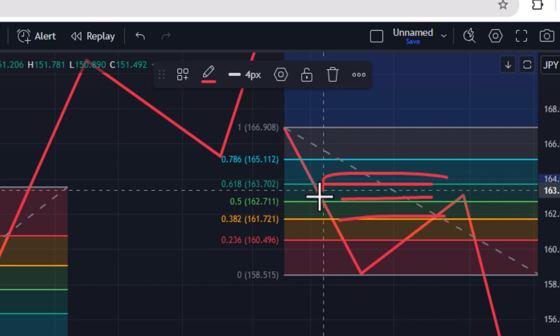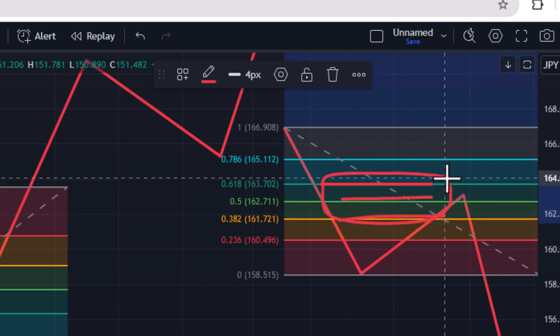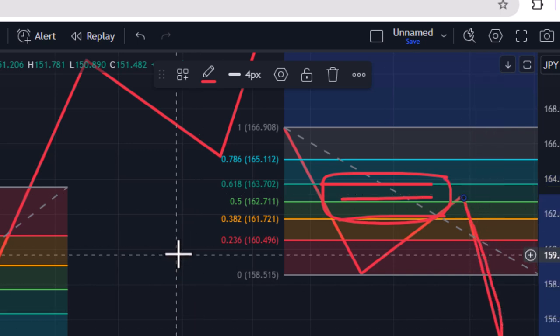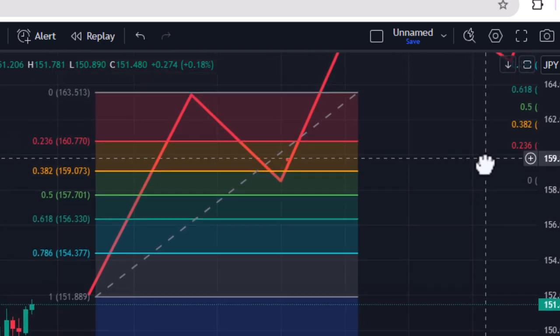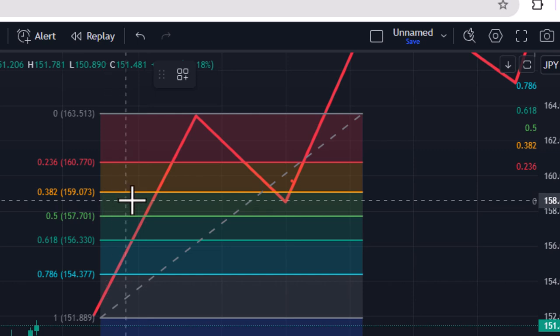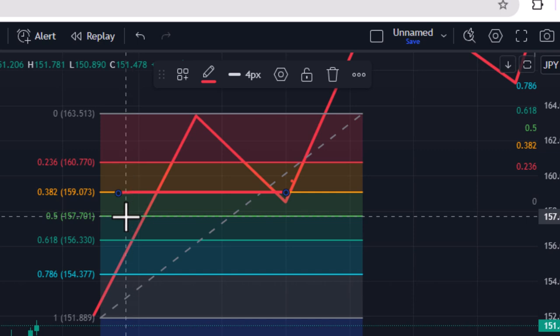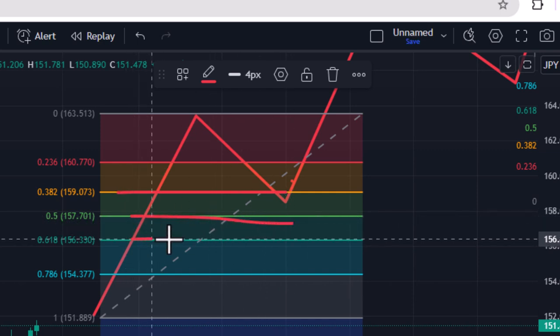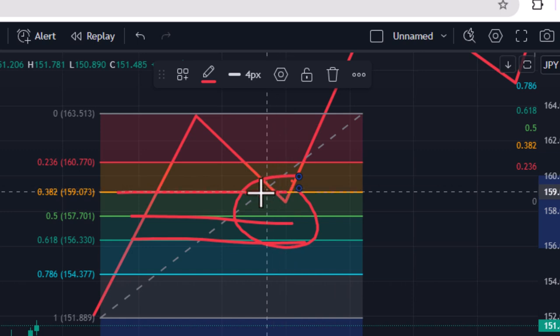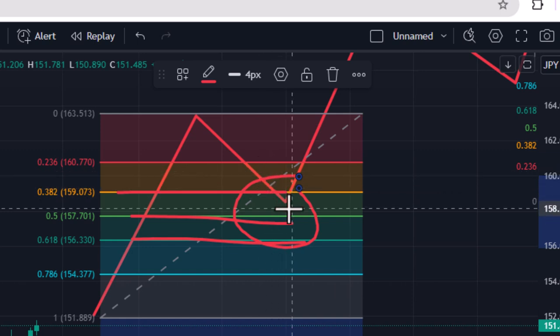These are the major levels for me where I consider retracement to end in the market before the next impulse to the downside in the case of a downtrend, and in the case of an uptrend, the same levels: 0.382 at this area, and 0.50 at this point, and 0.618 at this area. These are the most important Fibonacci retracement levels that I also pay attention to for the market to end retracement before the next impulsive move takes over in the market.